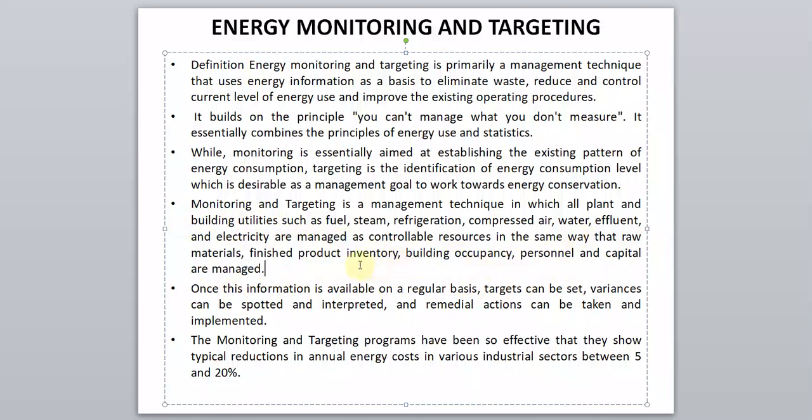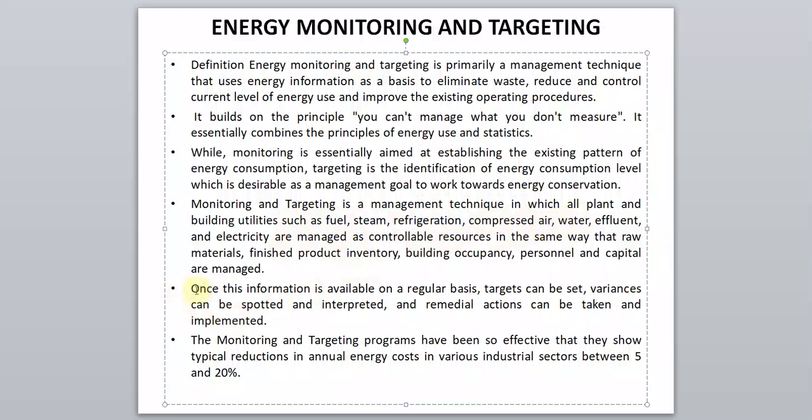The most important thing for any organization or industry is the building side: the raw materials, the finished product inventory which is the end product, then occupancy, then financial capital. In energy monitoring, both are given the same importance: building utilities and plant utilities, which are plant inputs like fuel, steam, etc.